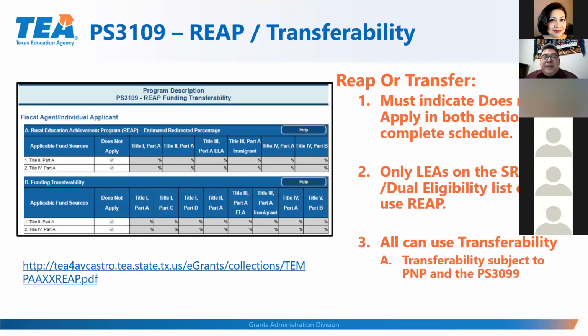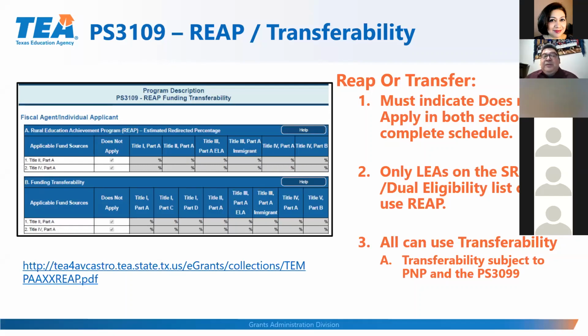So if you transfer 100%, all of those funds need to be an allowable cost under Title I, Part A. We don't ask for that documentation, but auditors will ask how you're coding it to make sure that it's an allowable use if you're transferring.